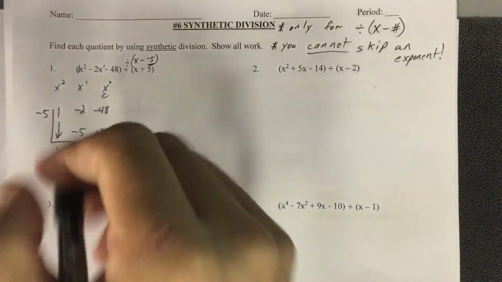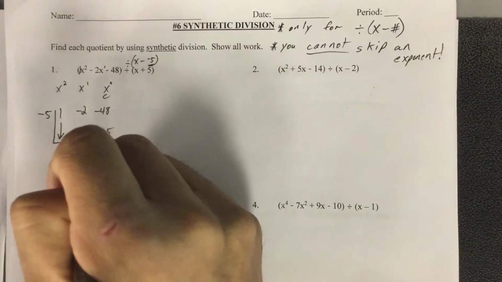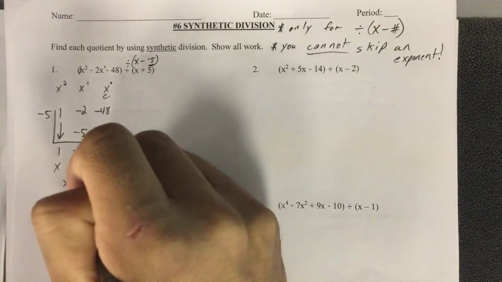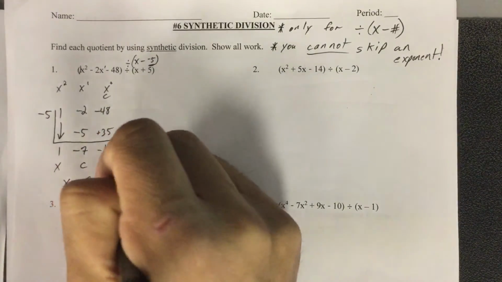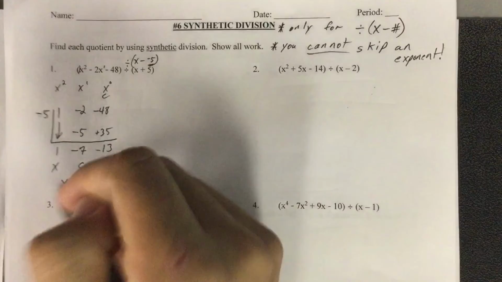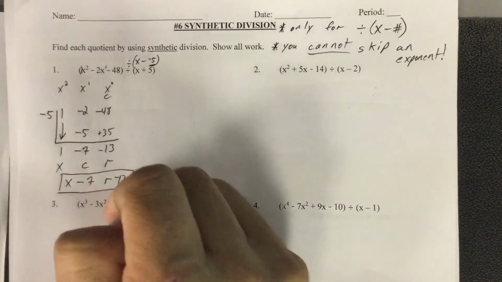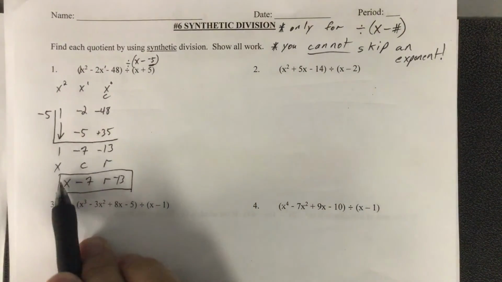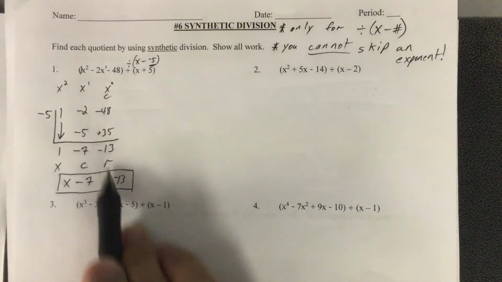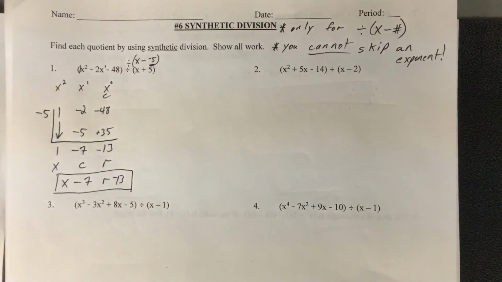Right? So my answer will be x minus 7, remainder negative 13. 1x, negative 7, and remainder negative 13. Easy.